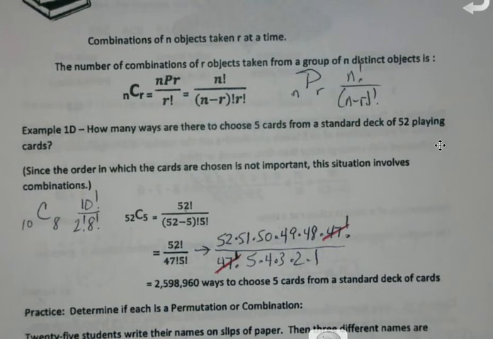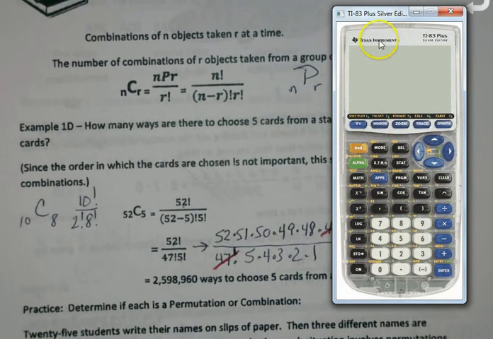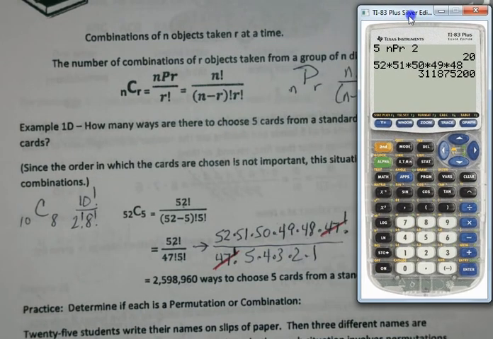You have 2 options. You can either type this part in, hit enter, and then divide it by this. That would be an option. Or you can start reducing, and I'm going to talk about that in just a second.